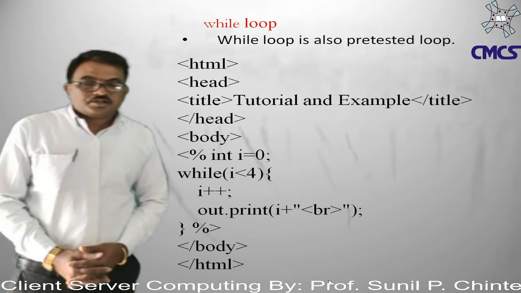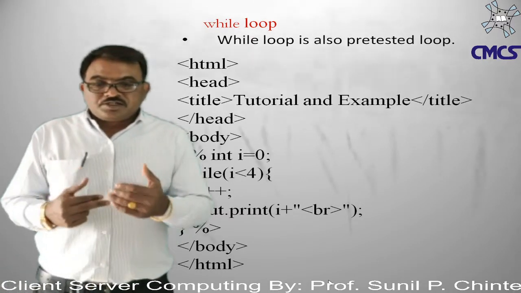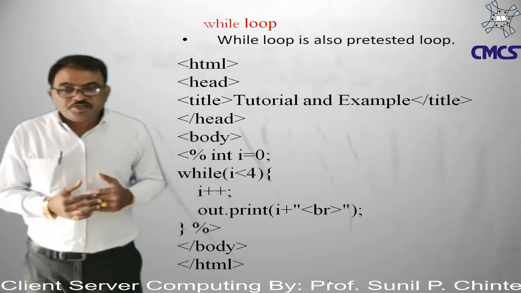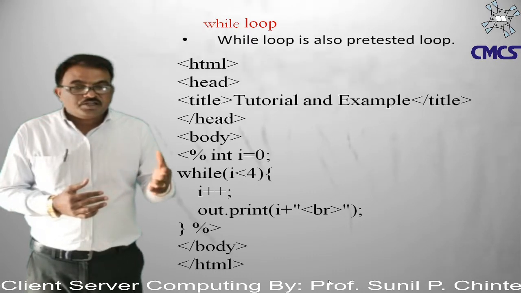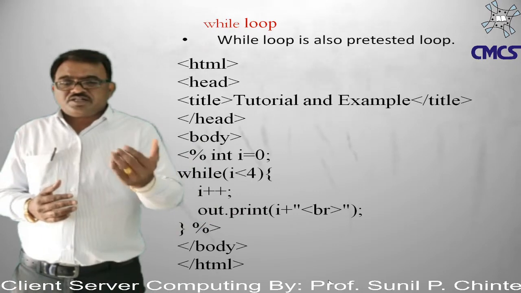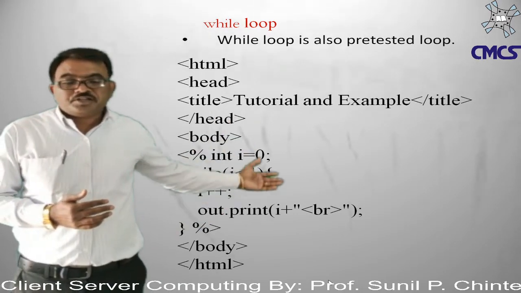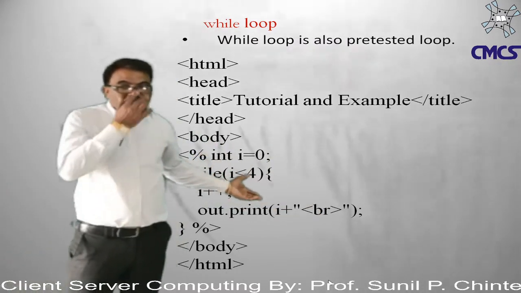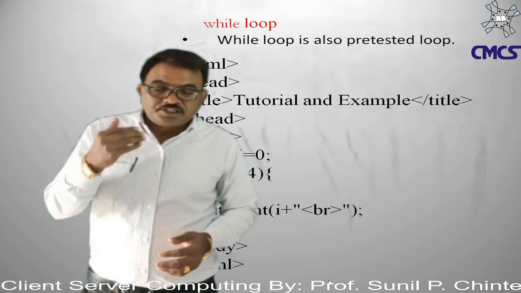If the value of i is less than 4, then the test will be true and the body of the while loop will be executed, so the output will be printed. Then I have incremented the i value before printing the output. Okay, in this way you can use the while loop, and I already told you while is a pre-tested loop.